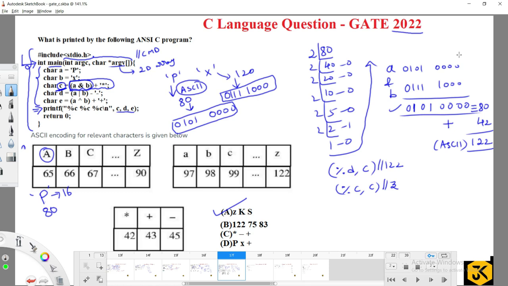So here the result will look the same as B, which is 120. On this 120, they are subtracting the negative symbol, whose ASCII value is 45. So 120 minus 45 is 75.